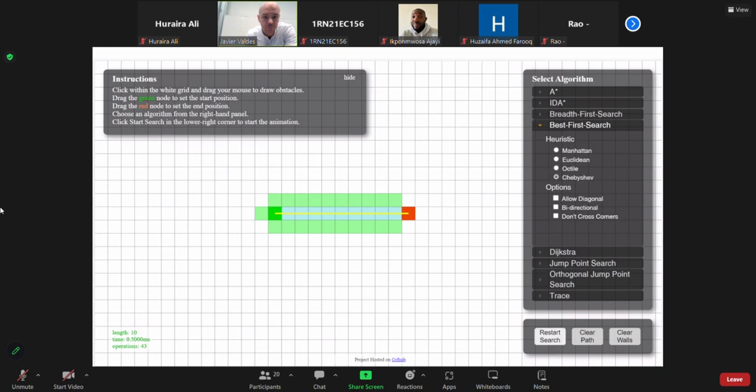You see, it's much better. So what you can also do is you can add walls.